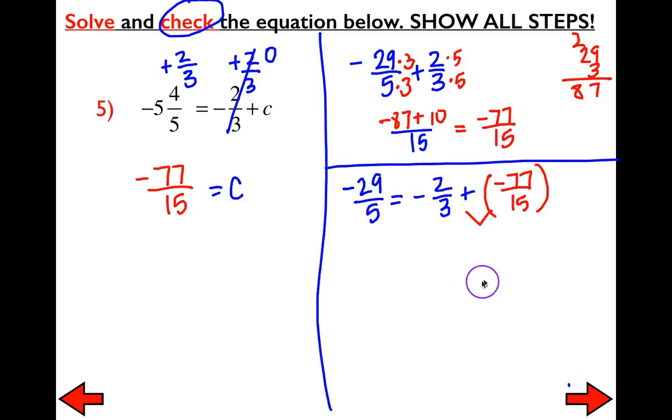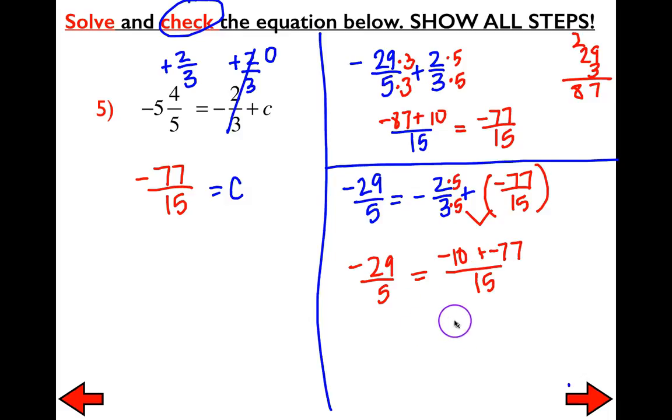Now we got to figure this out. If my lowest common denominator is 15, I'm going to have to multiply this 3 by 5, this 2 by 5, leaving me with negative 10 plus negative 77. And we're trying to get this to equal negative 29 fifths.